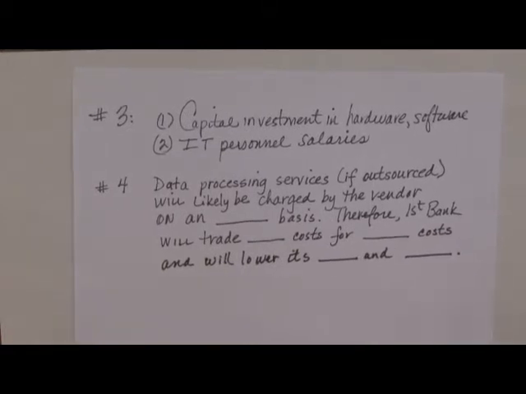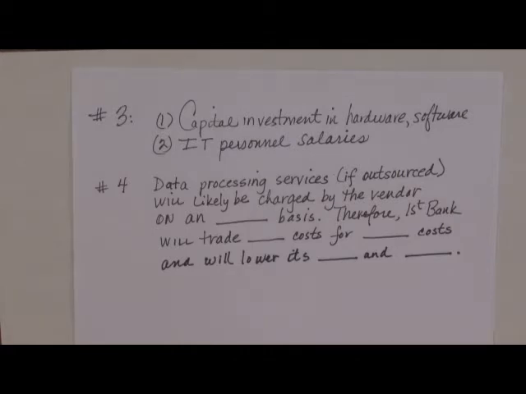Let's go to the next 2 questions, and these have to do with outsourcing. Question number 3 asks you to think about if a particular bank, I think we called it First Bank, would decide to outsource its data processing function.